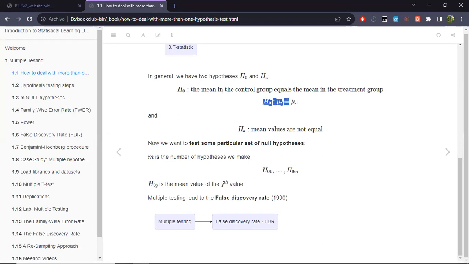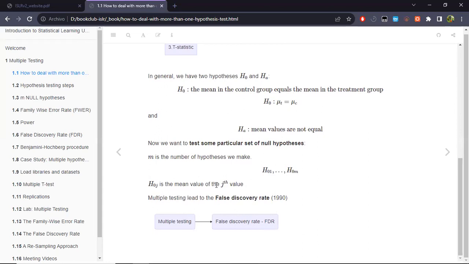So, summarized, an equality of means. And usually the alternative hypothesis tends to be just the negation of the null hypothesis. The null hypothesis is like the default value that we assume in the world, but what we would really like to happen is for the null hypothesis to be false.